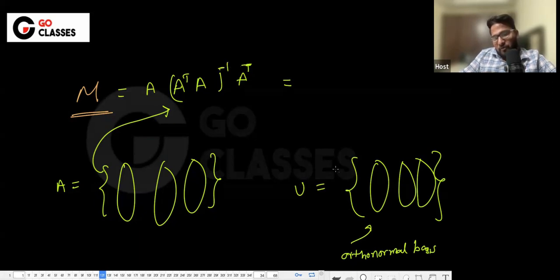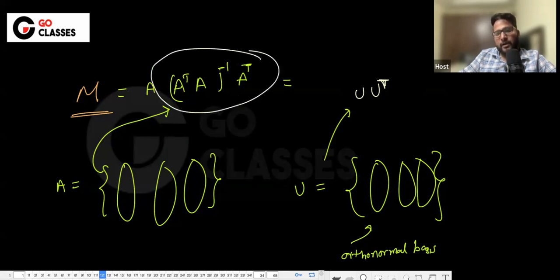For U, what will I be getting? U into U transpose, right? If it is an orthonormal basis, then it is U into U transpose. If it is some arbitrary basis, then I will see the formula that we will be getting.